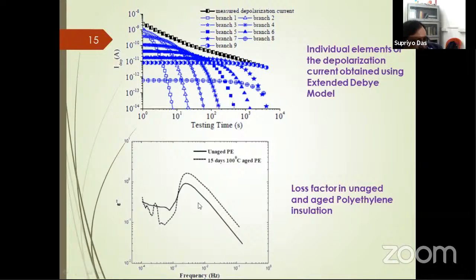In case of aged polyethylene, at the frequency range between 10 to the power minus 3 and 10 to the power minus 1, the loss factor is higher. So there is a difference in the characteristics of unaged and aged polyethylene, and from here also we can assess the condition of insulation.